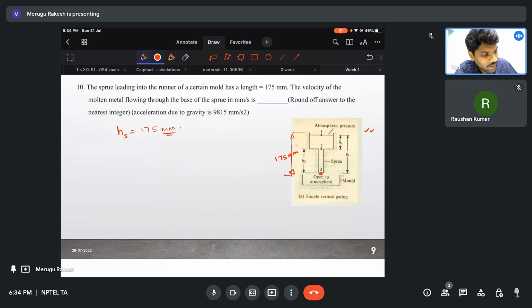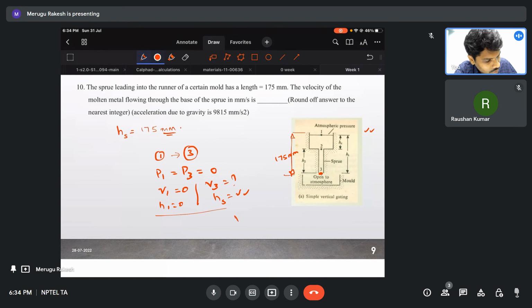If you apply Bernoulli's principle between 1 and 3, we take P1 equal to P3 as atmospheric, V1 equal to 0, and H1 equal to 0. So V3 we should find, and H3 we have. Applying Bernoulli's principle, we get V3 equal to square root of 2gH3.